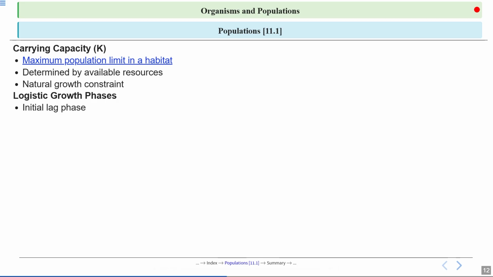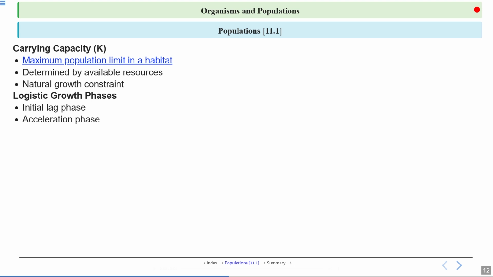In the lag phase, very slow growth is taking place. Then you have the acceleration phase. Here the population starts to grow rapidly as more individuals are reproducing. In the lag phase, the organisms are adjusting to the environment, reproducing very slowly, so their growth is slow.